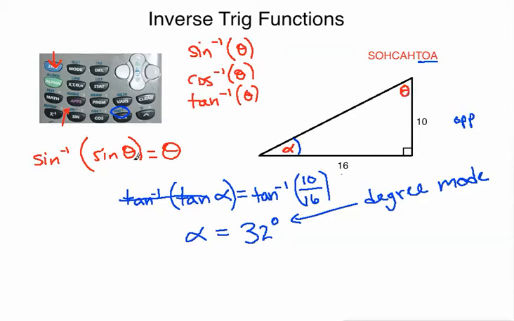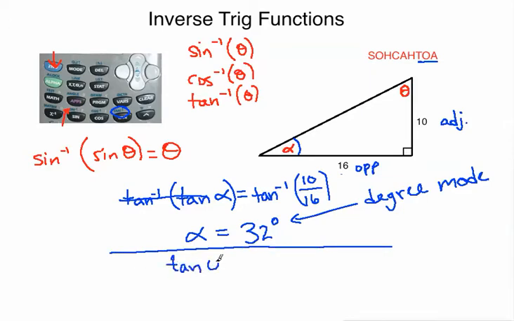Now let's say we're trying to find theta. Again, we're going to use tangent because we're dealing with opposite and adjacent. In this case, though, 16 is the opposite side, and 10 is the adjacent side. So this time, I'm going to say, tangent of theta equals opposite, 16, over adjacent, which is 10.